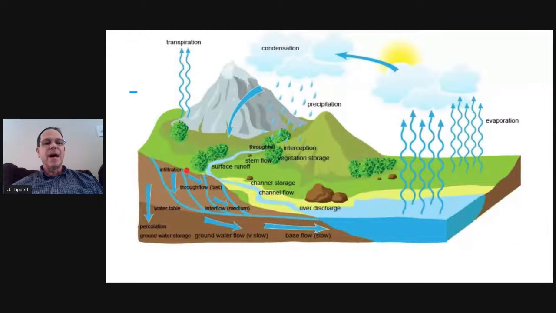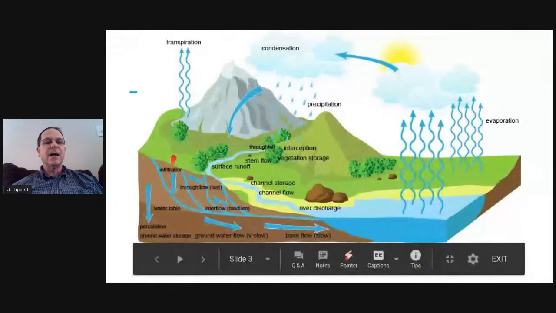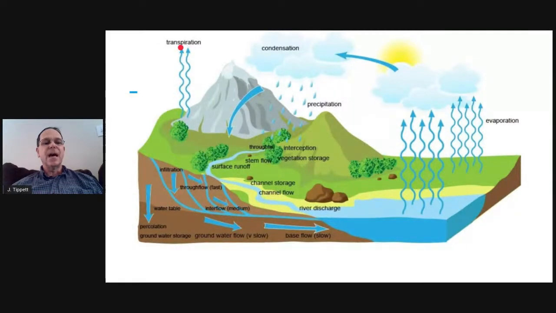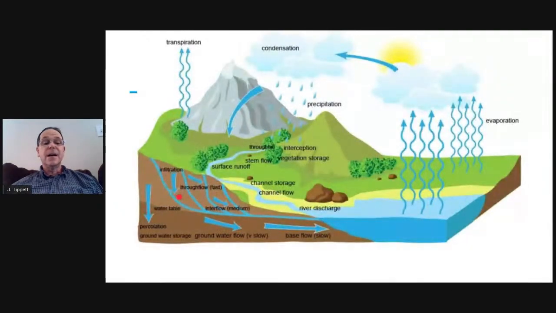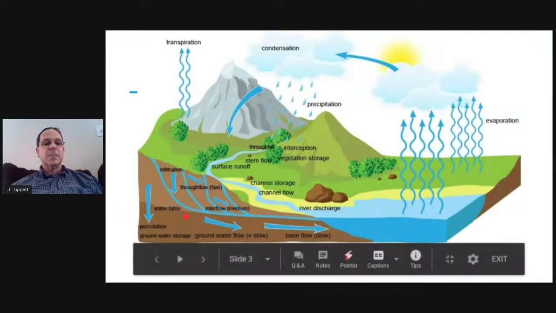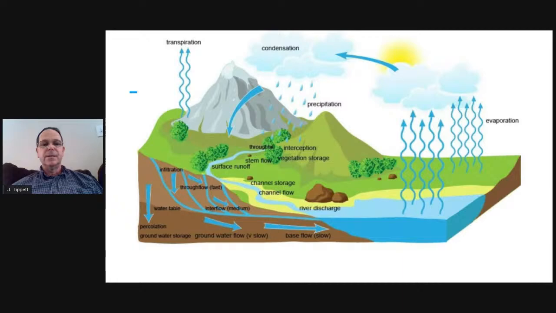Simultaneously, it's seeping back into the ground, where plant roots can pick it back up, pull it up through the leaves, and transpire it back out into the atmosphere again. What doesn't get picked up by plants percolates through the ground, getting cleaned up along the way. And some of it moves very, very slowly, sits in the groundwater. Some of it moves more quickly, but all of it eventually makes it back down to a stream or a river or the ocean in the end. And the cycle continues and continues.